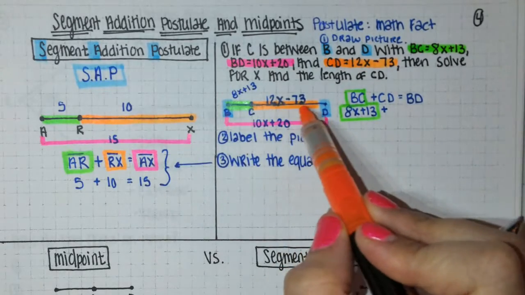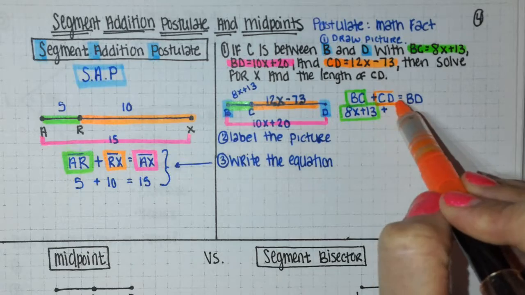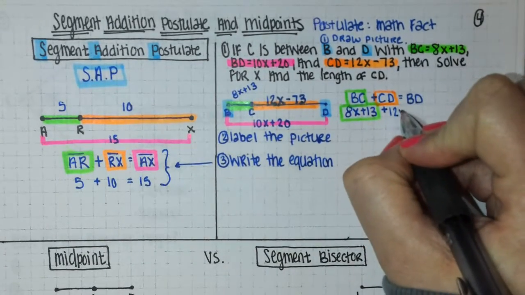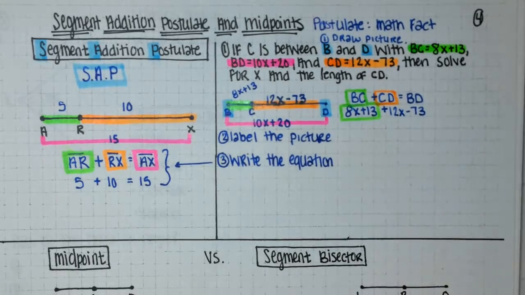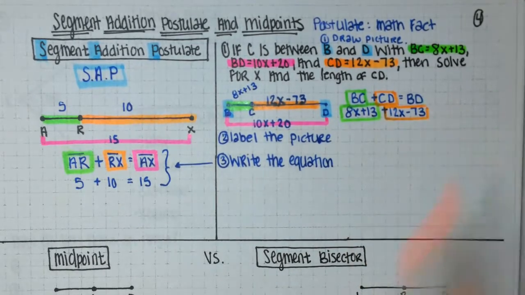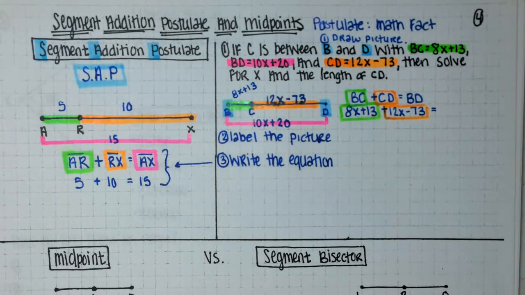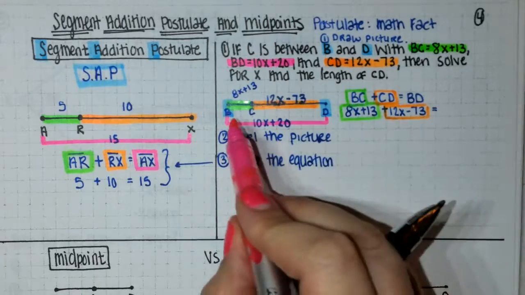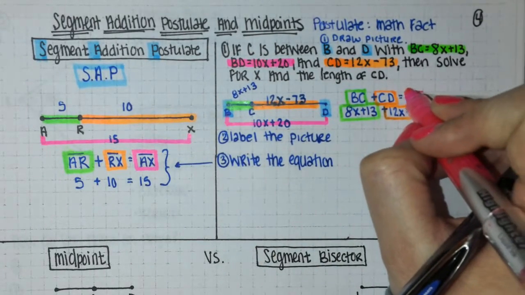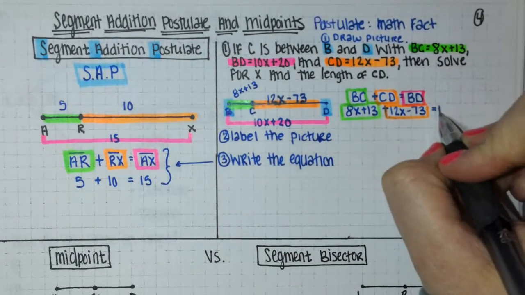CD's measurement is 12x minus 73. So we're going to replace CD with 12x minus 73. And since we're only adding two segments together, we can stop after this part and put an equal sign. After the equal sign, that's going to represent the full length of the segment. The full length of the segment is BD, which is 10x plus 20. So where we see BD, we're going to write 10x plus 20.